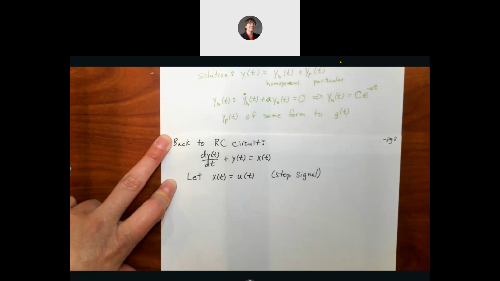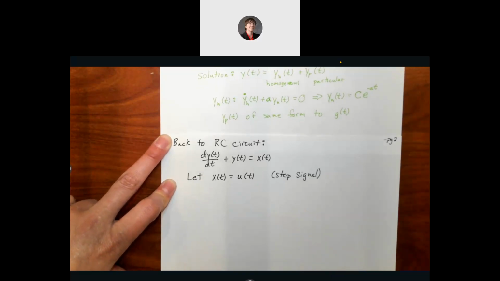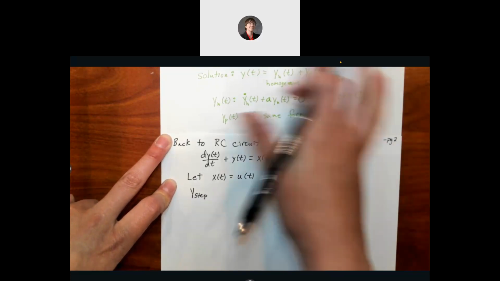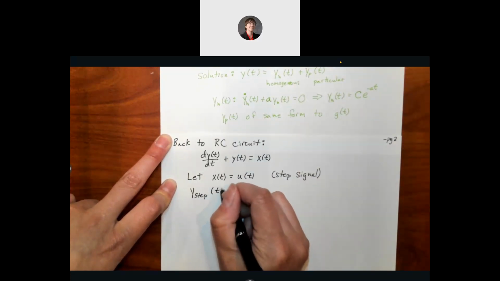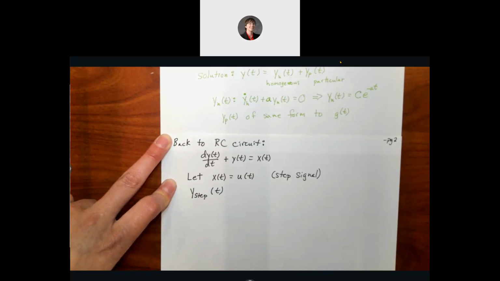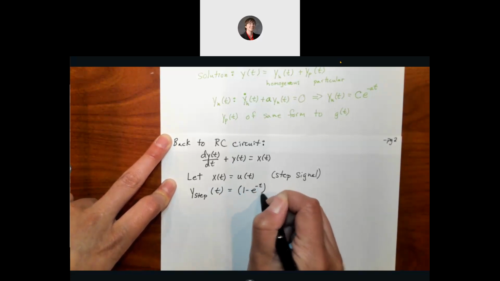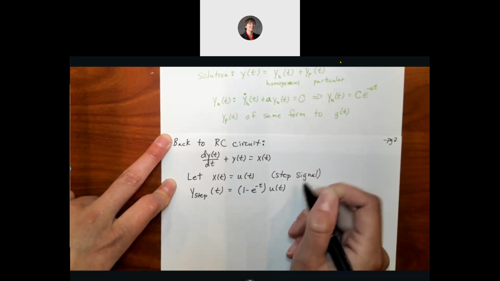In that case, if we use the solution method here, the response y_step of t is going to be 1 minus e to the minus t, times u of t.